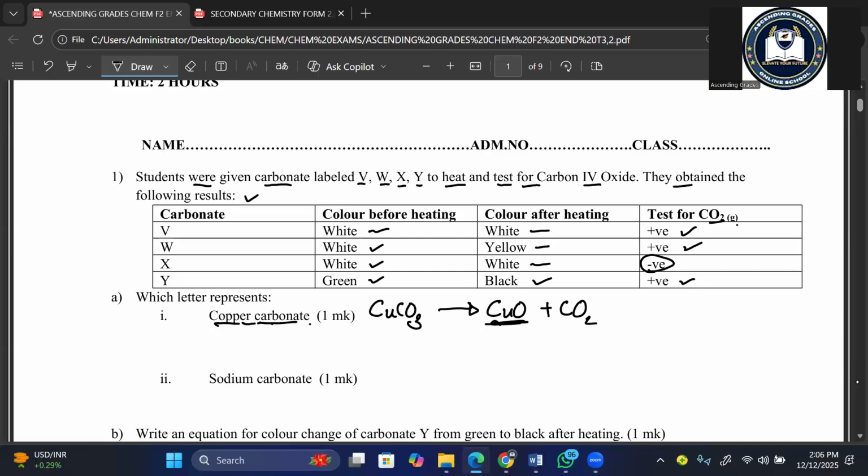So this one is the one that will be guiding us, and after heating, it is black. So we can say copper carbonate will be of Y.